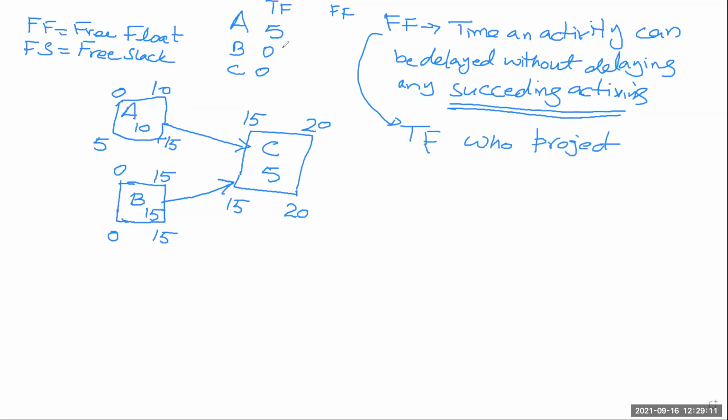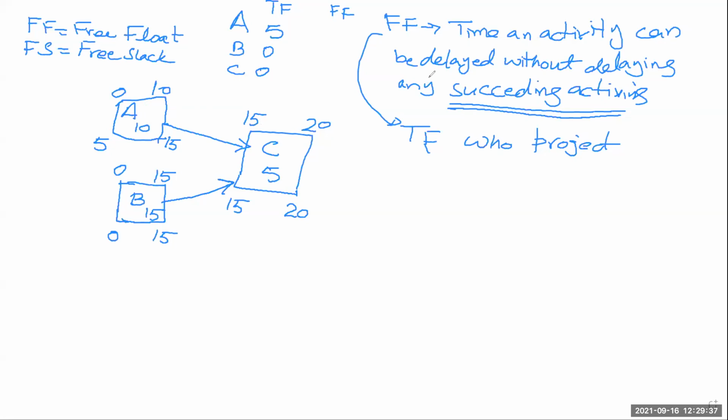So in this case, if we want to find the free float of these activities, look at activity A. If we delay activity A by, say, 1 day, so for example, instead of 0, we start it at 1, will it delay its succeeding activity? The succeeding activity of A is C in this case.